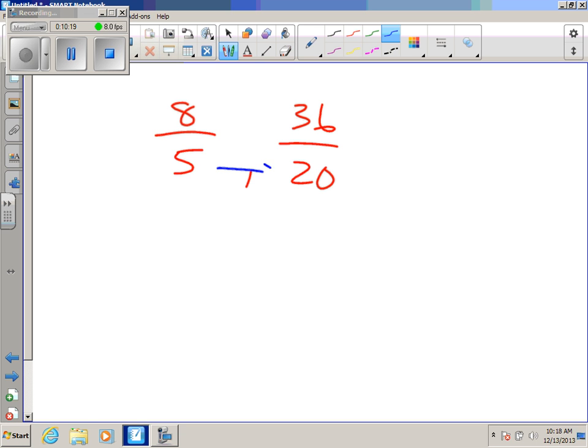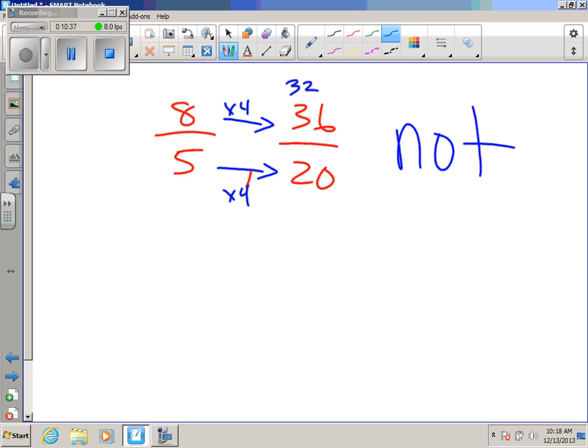Well, let's go this way. 5 times what is 20? 8 times 4 is what? What's 8 times 4? Is that the same? Therefore, not. That's all you need to know. Like I said, it's okay for this one to work, but in order for it to make a proportion, they both have to work by the same thing. If they don't, it's over.